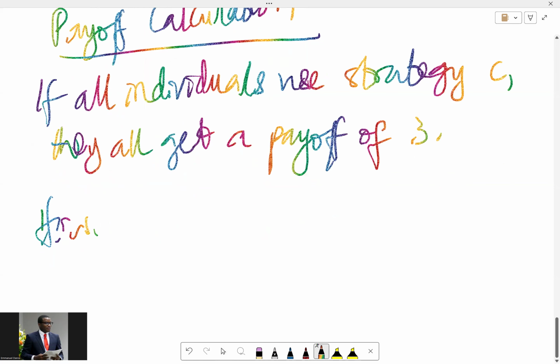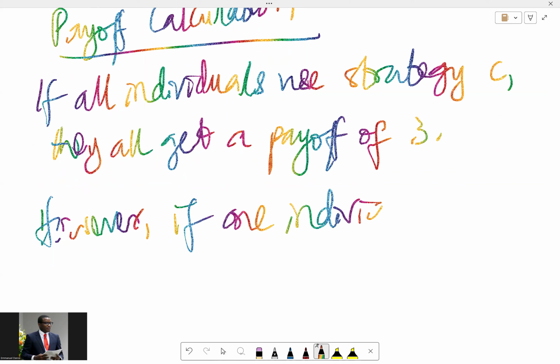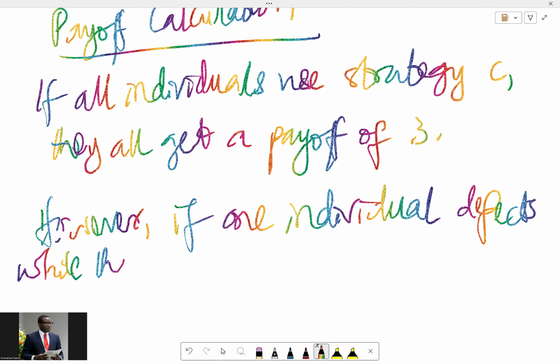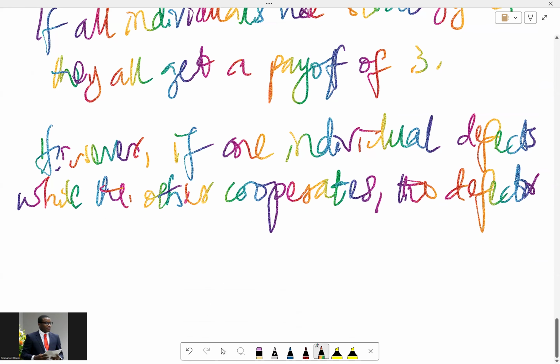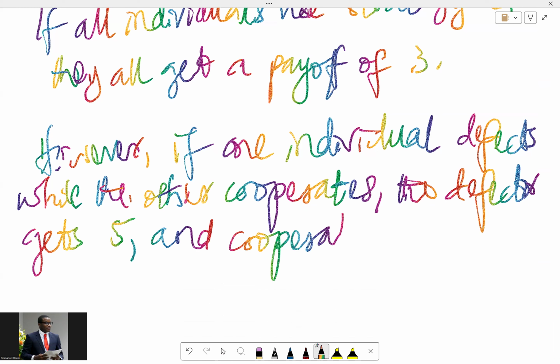However, if one individual defects while the other cooperates, the defector gets 5 and the cooperator gets 0.